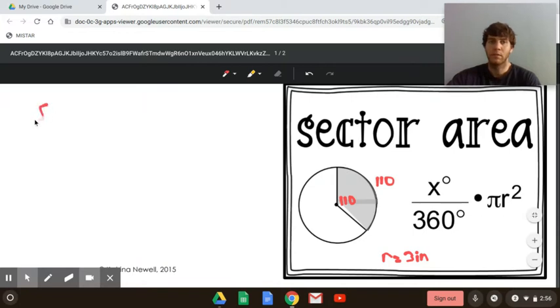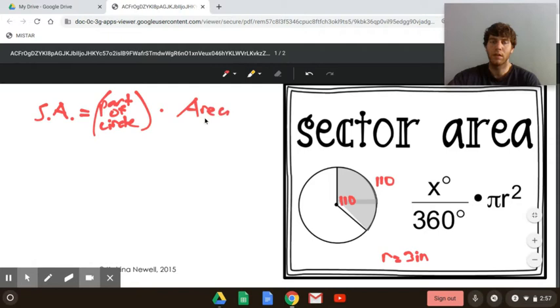So again, for sector area, which I'm going to abbreviate SA, we want the part of the circle we're dealing with, times the area of the circle.